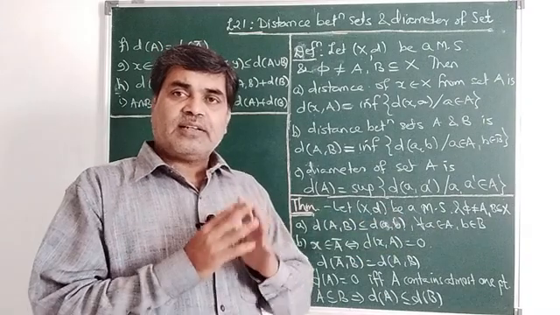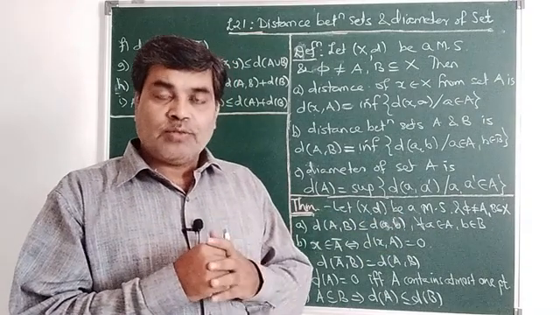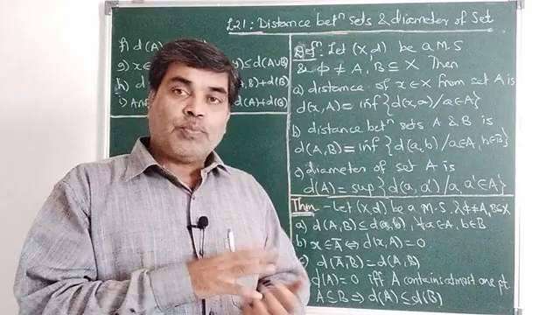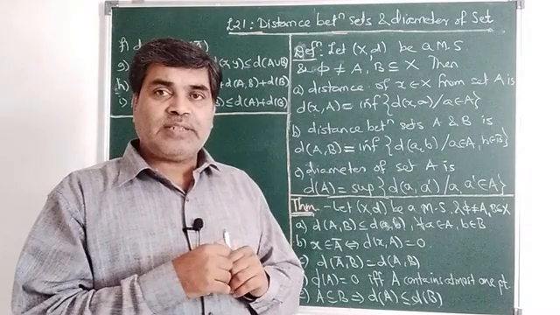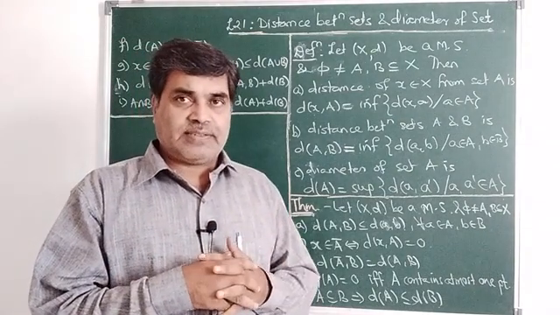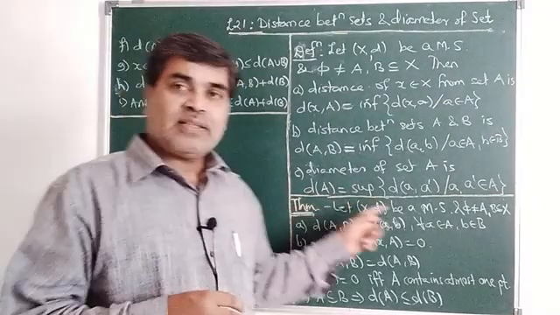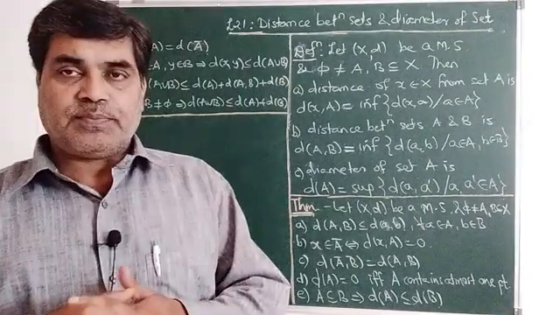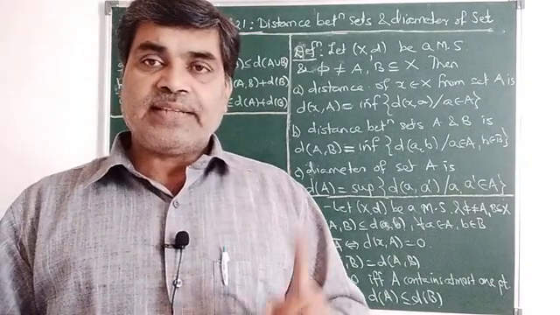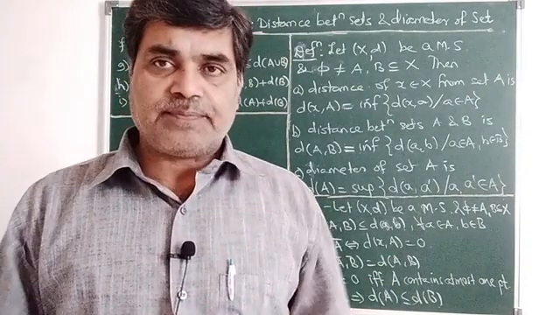But if I take the closed interval [a, b], open interval (a, b), half-open interval (a, b], or [a, b) in the usual metric space, then what will be the diameter? Diameter is exactly b minus a with respect to the usual metric.